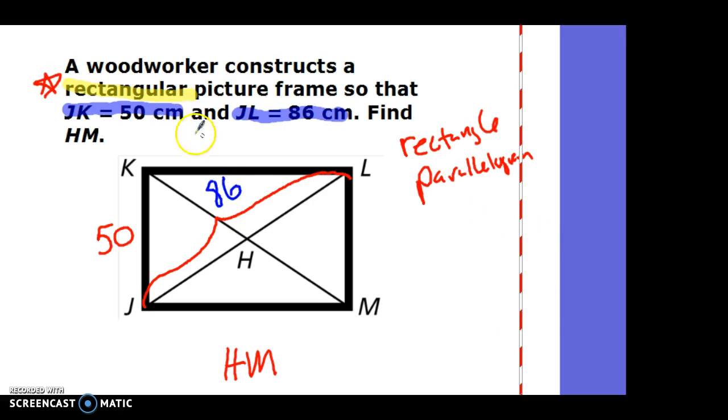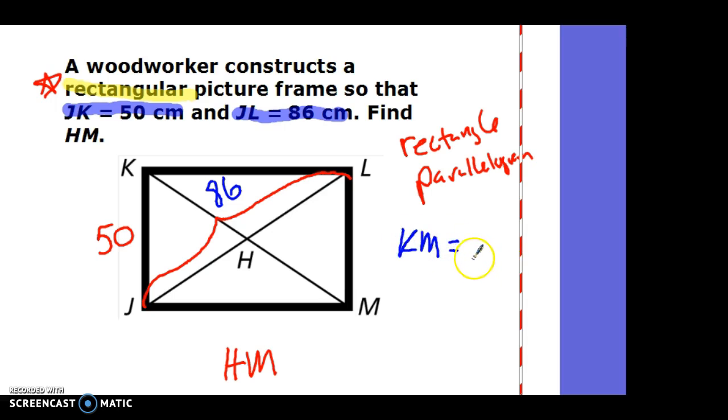So which one is more important? JK or JL? JL. Which property am I going to use to find the length of HM? Yes, Clea. We're going to use that property, well, property 4 in a second. What's the length of KM? What does KM equal?